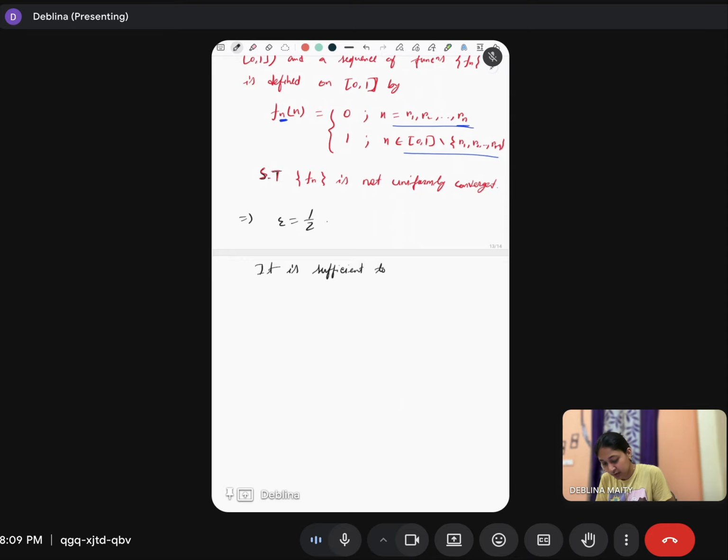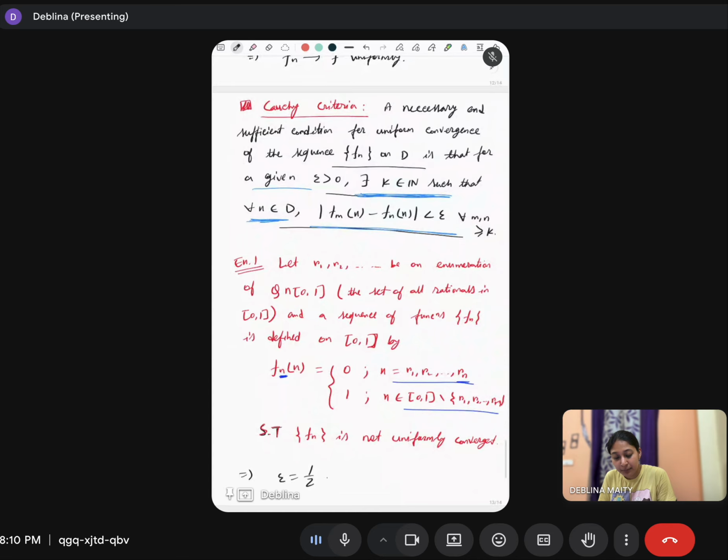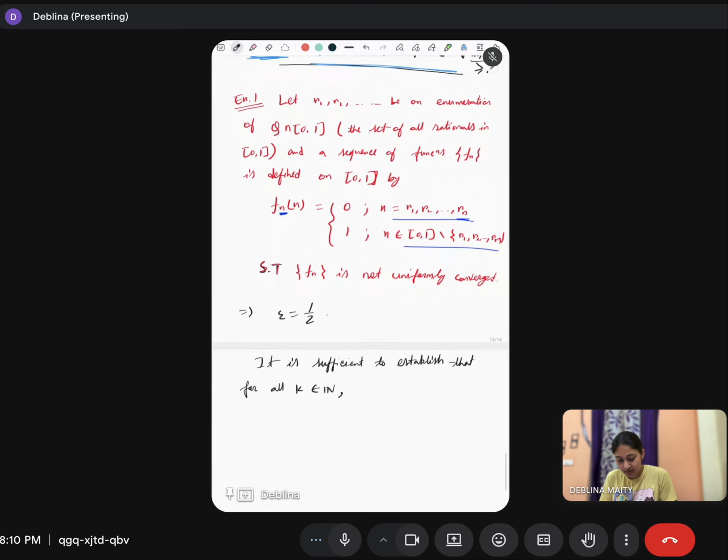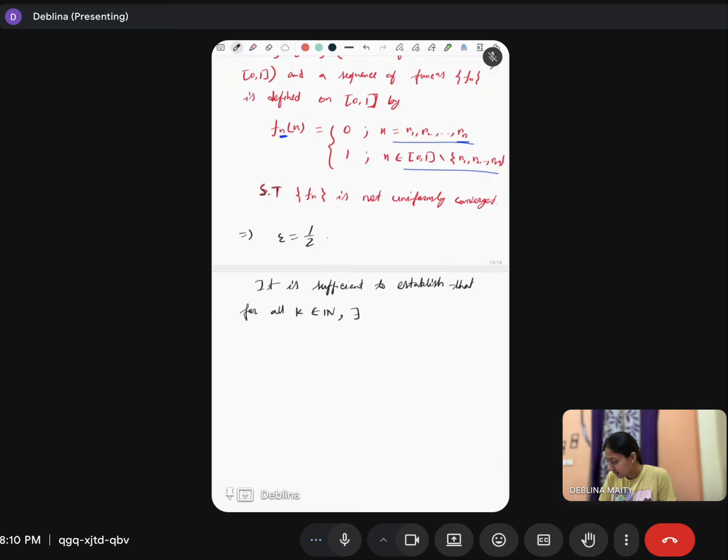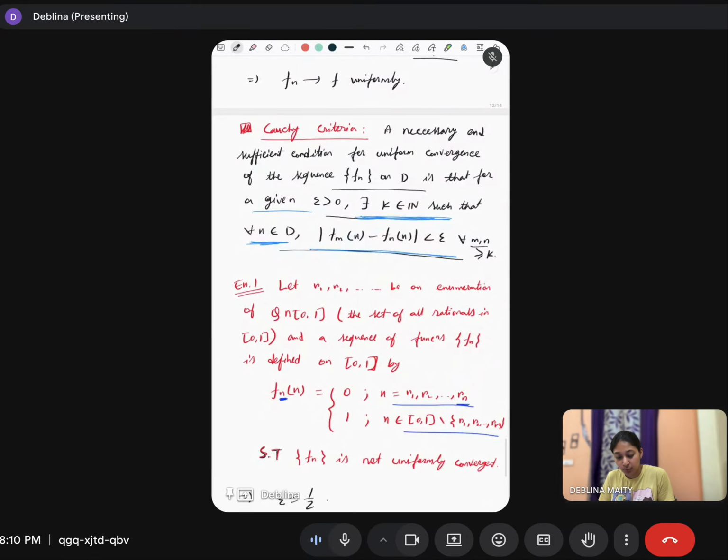It will be sufficient to establish that for all k in N, and m, n was for every m, n, so here it will be there exists some m, n belonging to N such that m, n will be greater than or equal to k and this inequality will not be true.